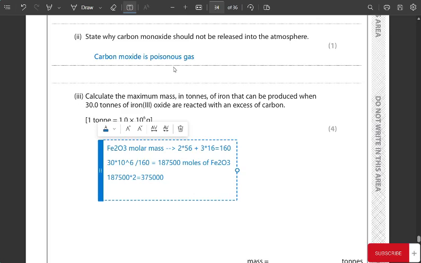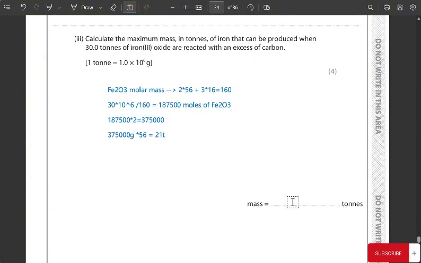And I will multiply the 375,000 moles by 56 to find the mass of the iron that's produced. Okay, the answer is 21.